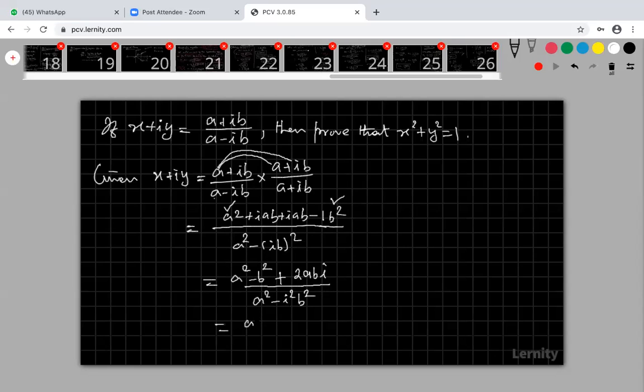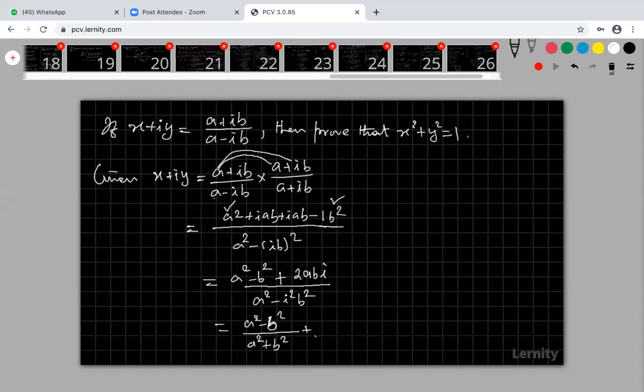So here there is no i, real part, this divided by this. What is the denominator? Look at the denominator. My denominator is nothing but a square plus b square. Why? What about this minus? My i square is minus 1, and minus 1 into minus will become plus.